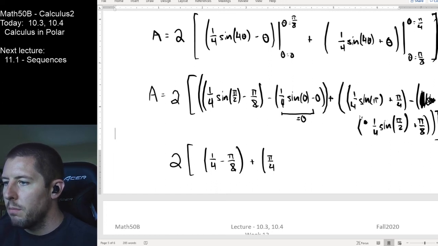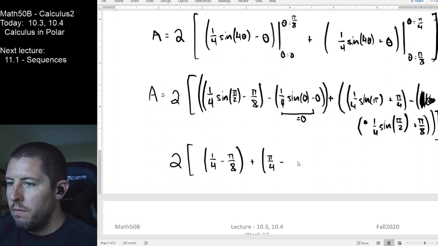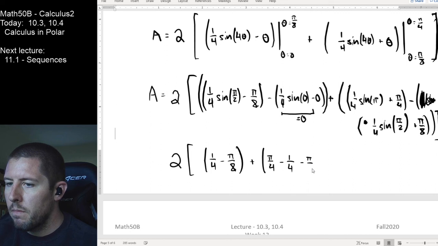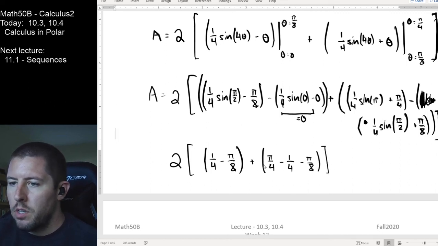It's our subtraction symbol for the entire grouping right here. This is going to be 1/4 sine of pi halves. Well, sine of pi halves is 1, so I'm going to get a minus 1/4 here. And it looks like we're also subtracting off pi eighths.